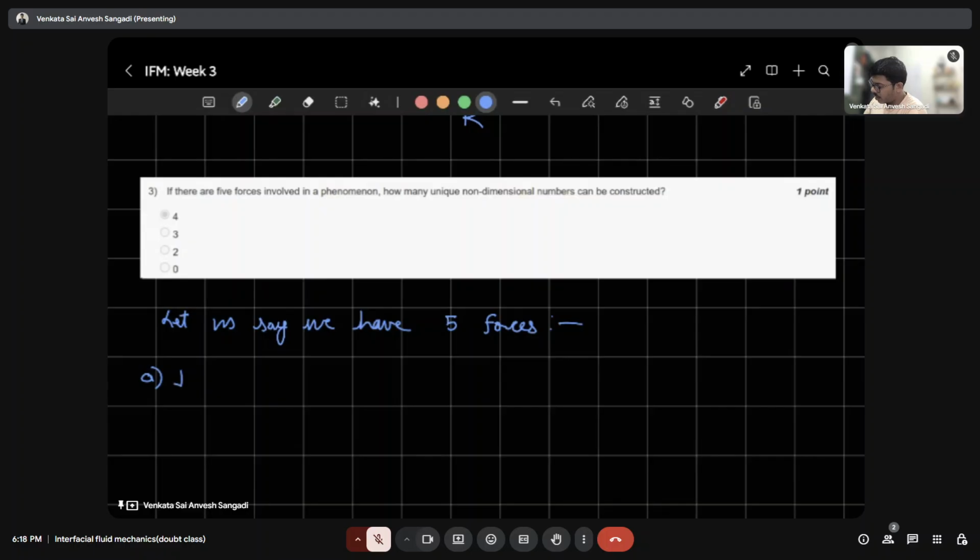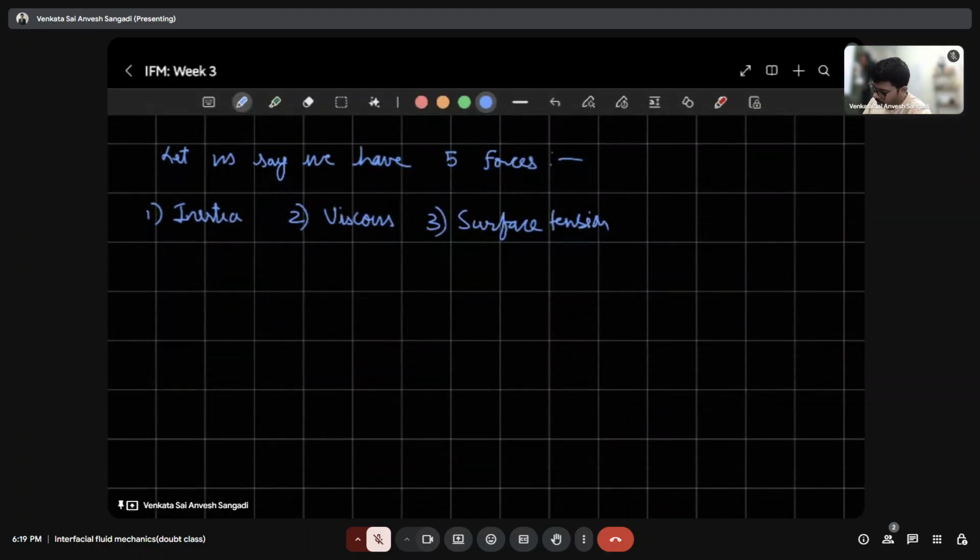Let's say we have inertia force. Then we have viscous forces. Then we have surface tension force. And let's say we have gravity force.